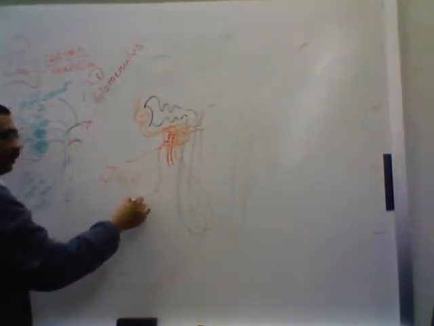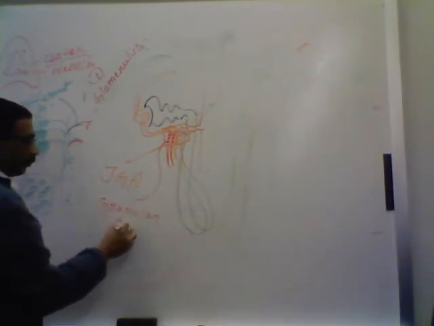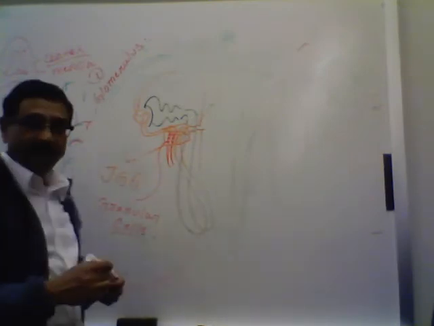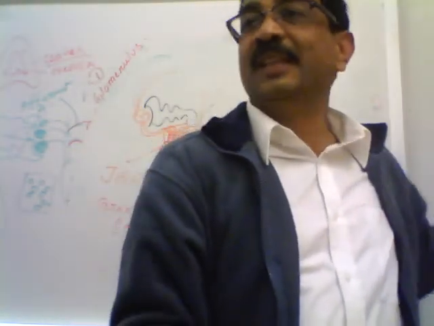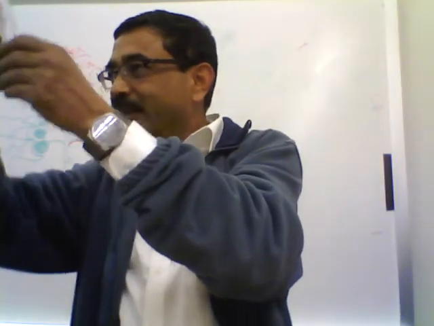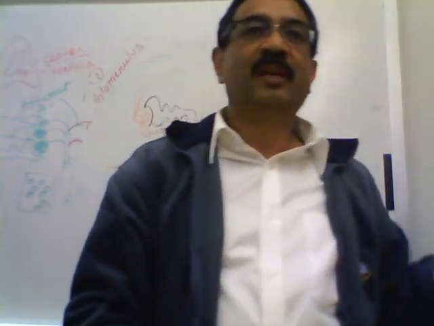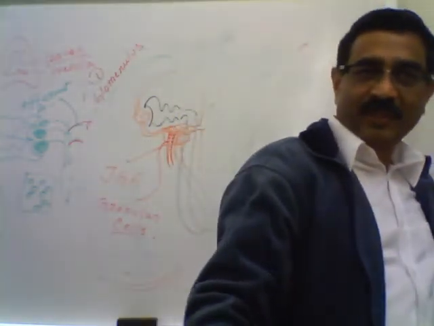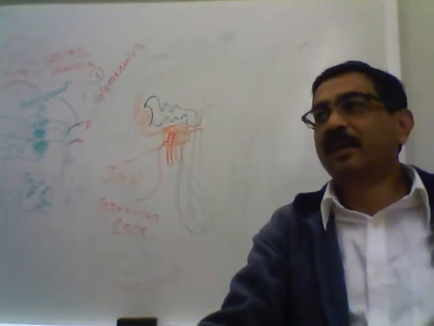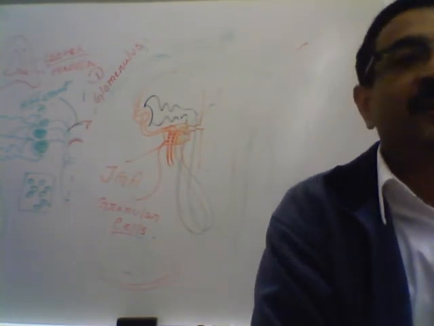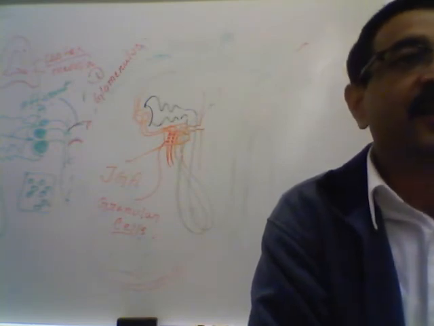These cells are called granular cells. And the granular cells release the important chemical that is called renin.